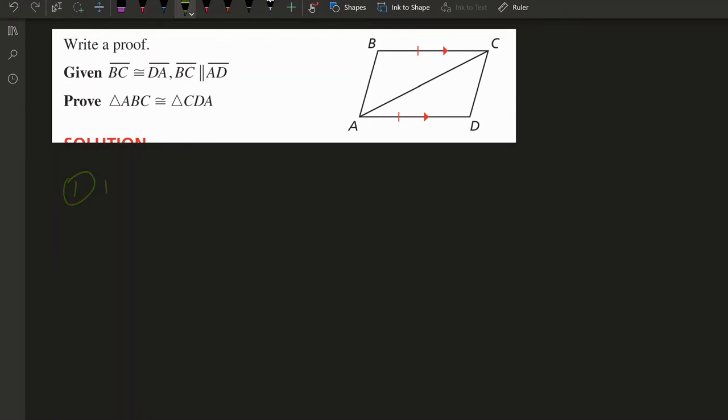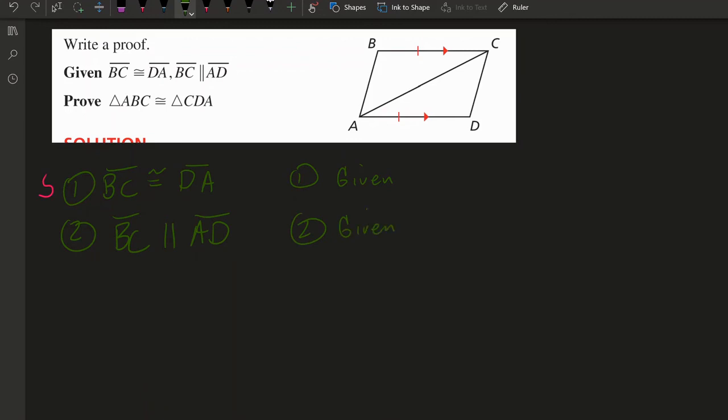Step 1, BC is congruent to DA, and that is given. And again, I'm going to mark right here. I just proved that a set of sides is congruent. Now, step 2, I have BC is parallel to AD, and that is also given.